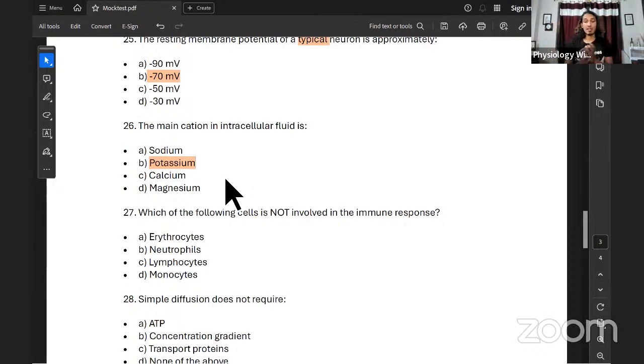In the Gibbs-Donnan equilibrium, we always tend to talk about proteins being large structures which cannot pass through, hence the membrane potential is created. But phosphate, concentration-wise, is higher than your protein content inside. So intracellularly, if the question was about the major anion, then the answer would be phosphate.